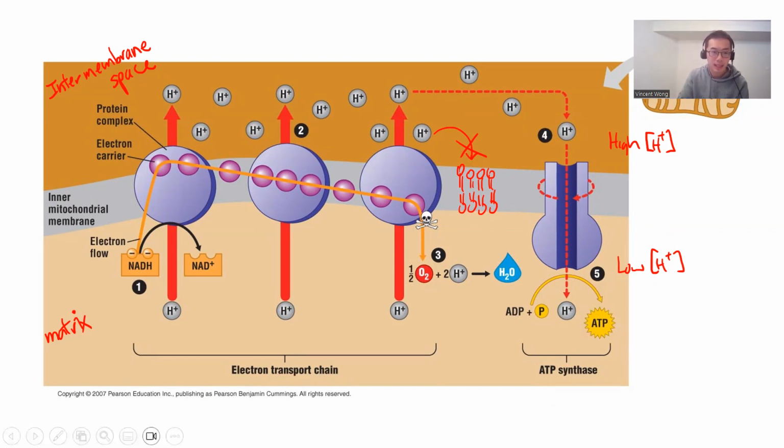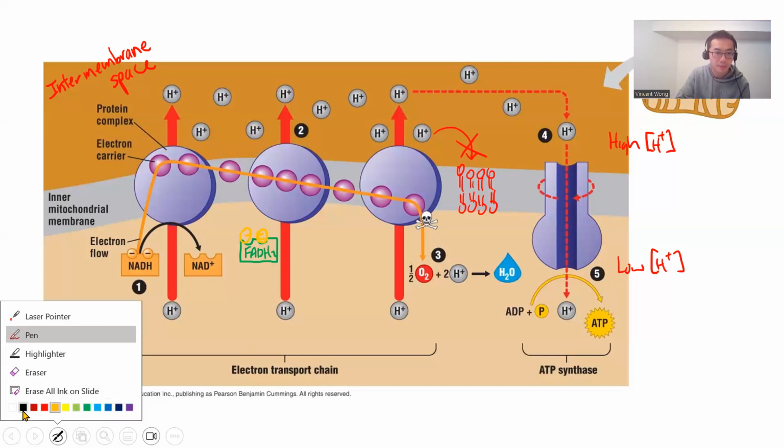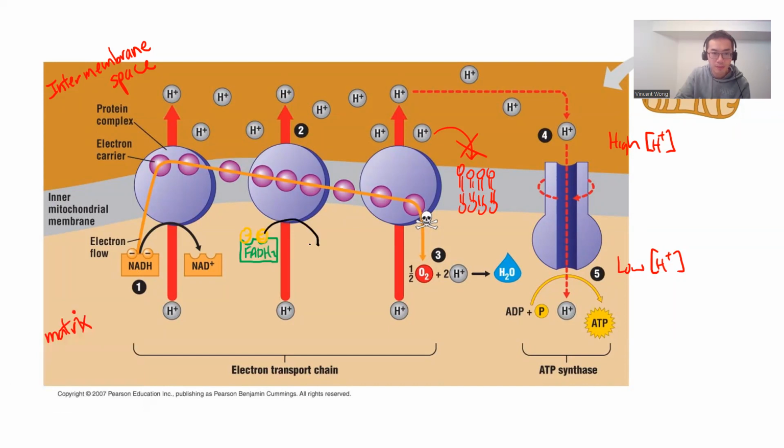Okay? And again, what's missing in this picture is that you would have another energy carrier here. This is FADH2, right? And it's going to have its own electron. And what happens is it will drop them off at the second protein.